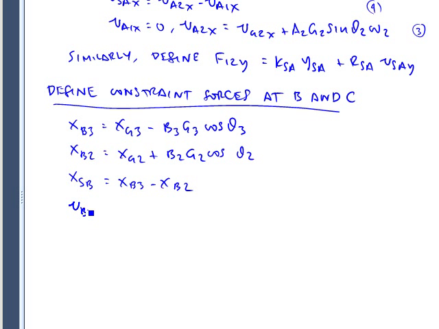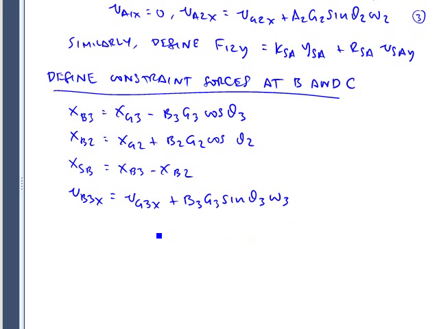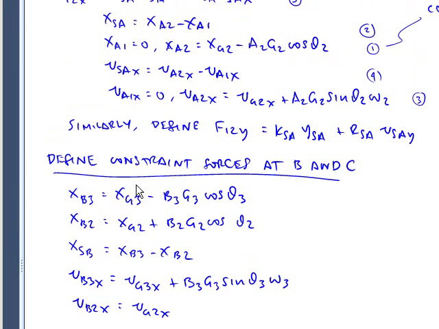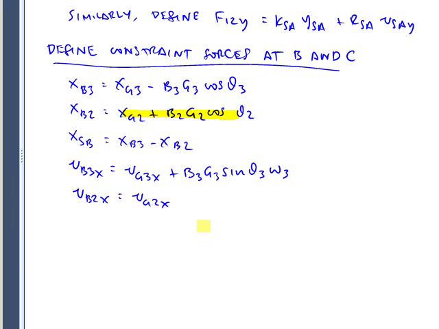So I'll say the velocity of B3 in the x direction, that's going to be the derivative of xb3. So that's vg3x plus b3g3 sine theta 3 omega 3. The velocity of B2 in the x direction, that'll be vg2x. And right now I'm differentiating that equation.